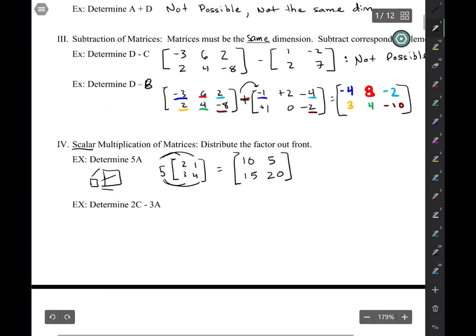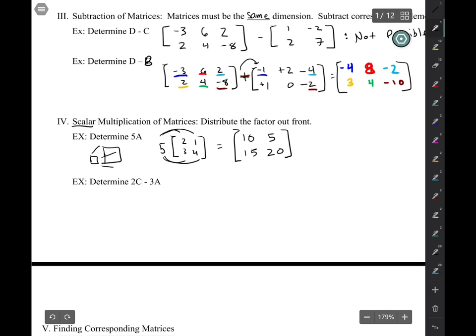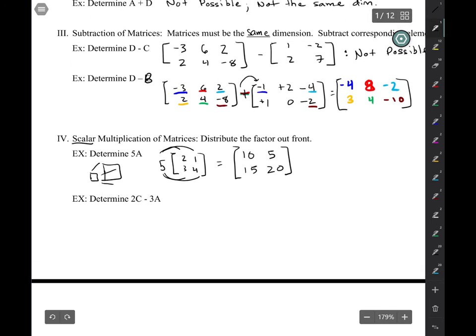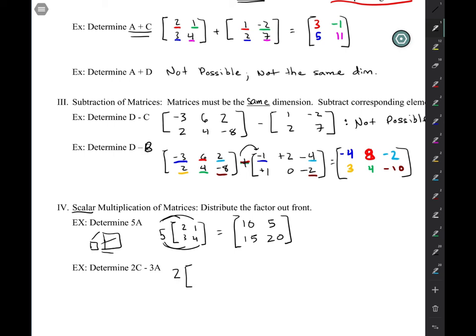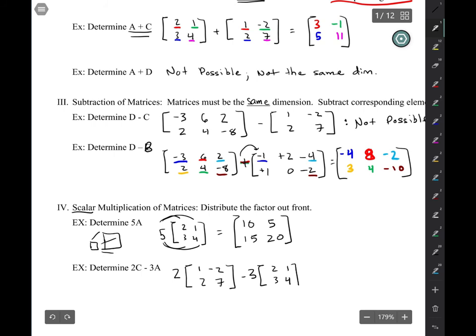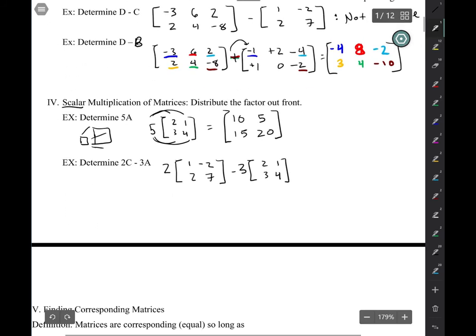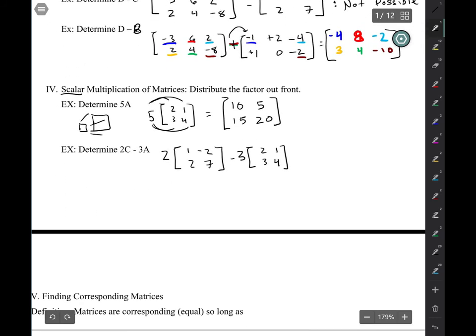We will be combining some of these matrices here, some of these operations, just like regular old mathematics, okay? So 2 times matrix C is 1, negative 2, 2, and 7, minus 3 times matrix A, 2, 1, 3, 4. You want to approach it just like you would an old school math problem.